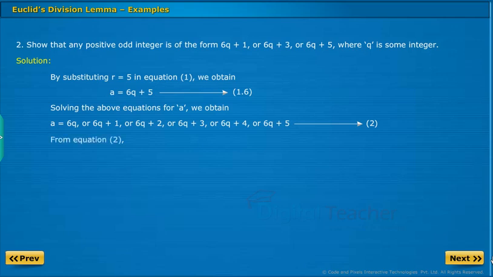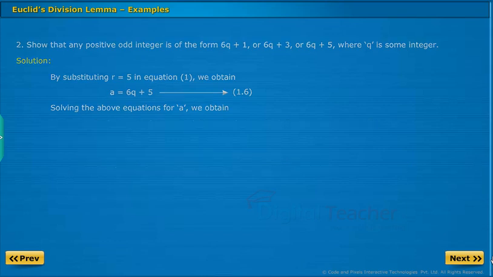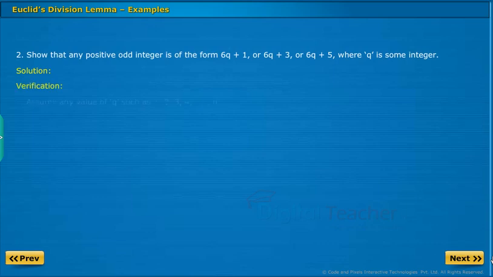From equation 2, 6q, 6q plus 2, 6q plus 4 are the even integers. 6q plus 1, 6q plus 3, 6q plus 5 are the forms of any positive odd integer. Verification. Assume any value of q such as 1, 2, 3, 4, so on up to n.